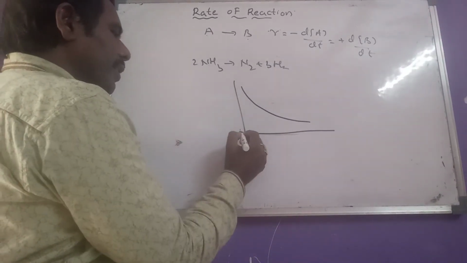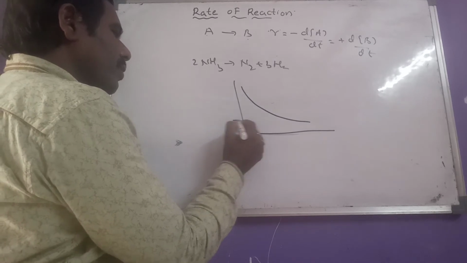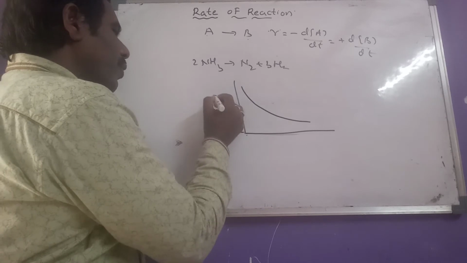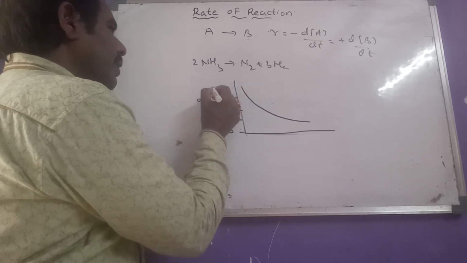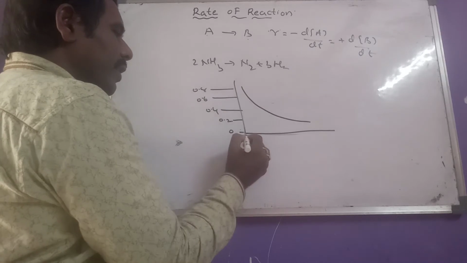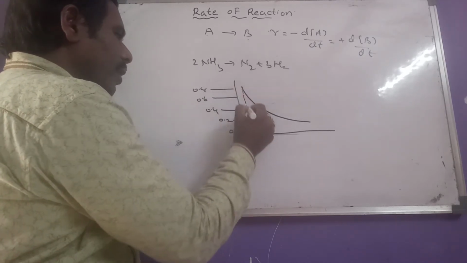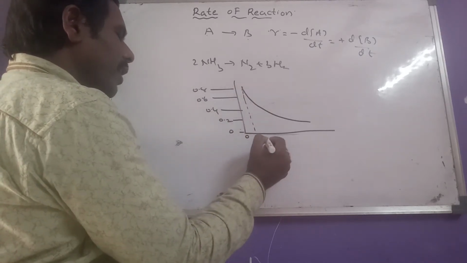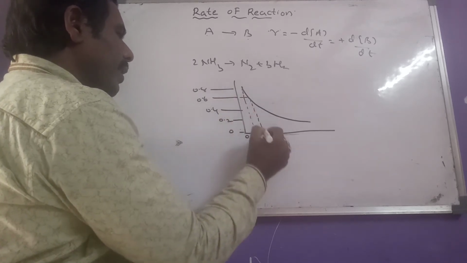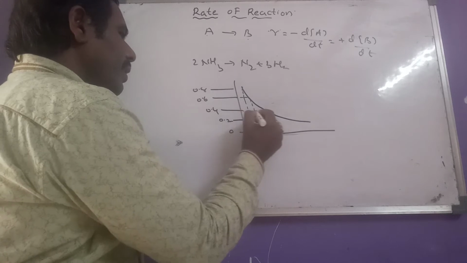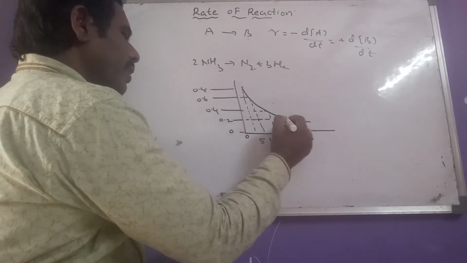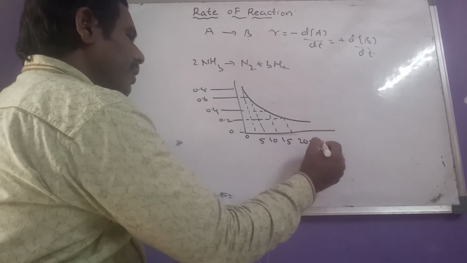Here these are the concentrations: 0, 0.2, 0.4, 0.6, 0.8, and this is time: 0, here the time is 5 seconds, here 10 seconds, here 15 seconds, here 20 seconds.